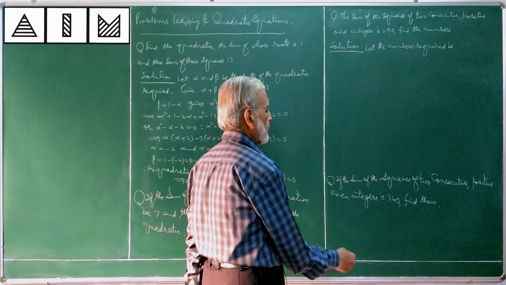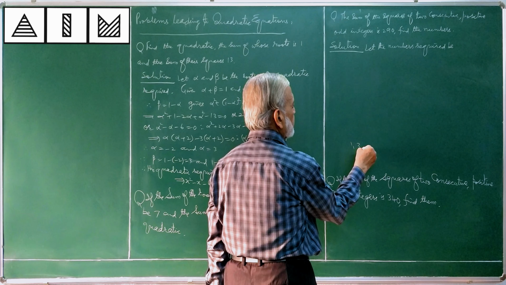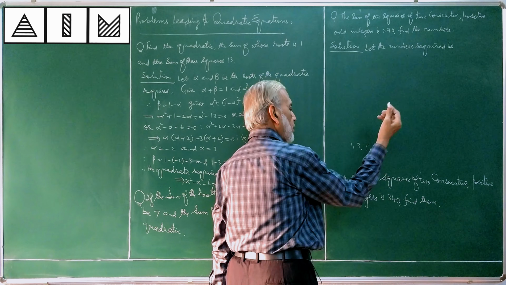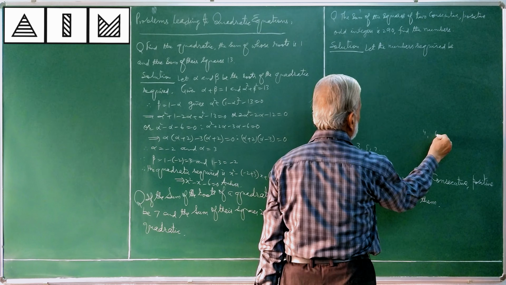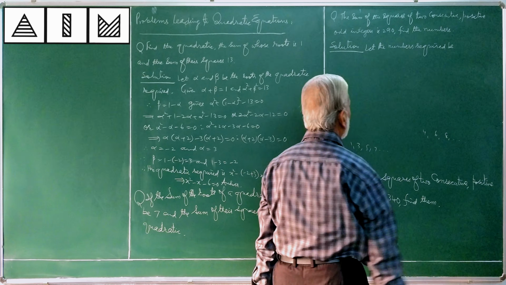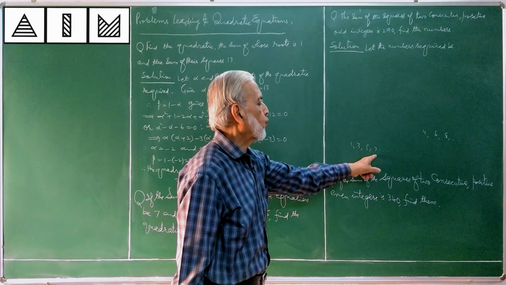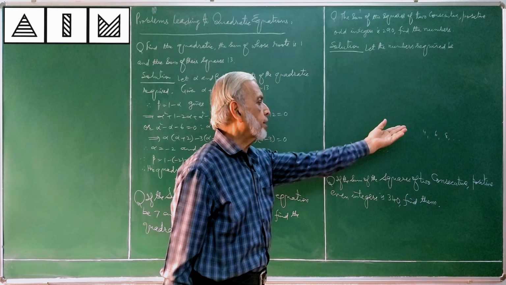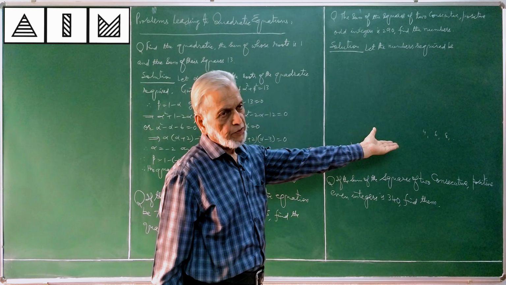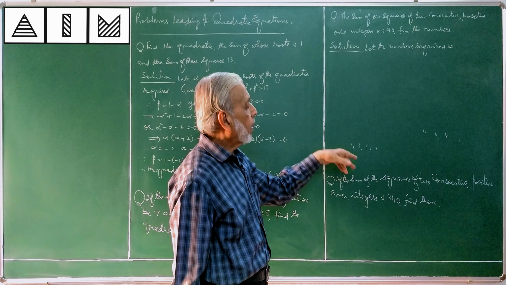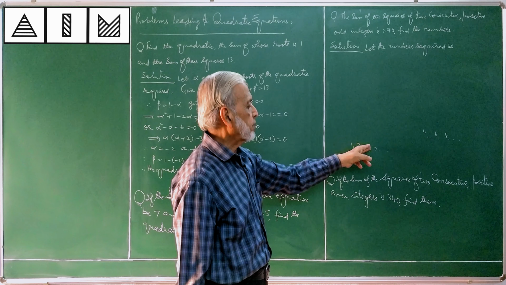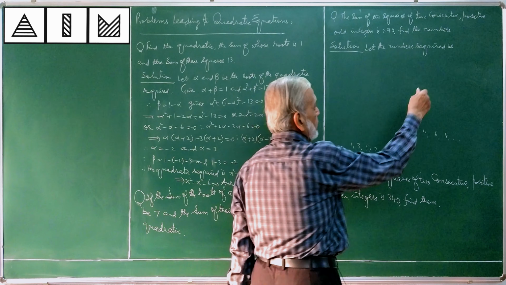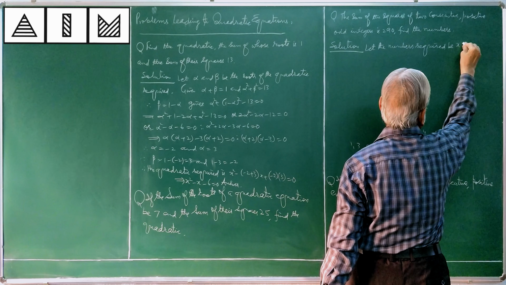Continuous, if you see, for example, 1, 3, 5, 7, or even numbers 4, 6, 8. You can see they differ by 2, whether it is odd or even numbers. Differ by 2. If one is 1, other one is 1 plus 2, or 3 plus 2, or 5 plus 2, like that. So I will take x and x plus 2.